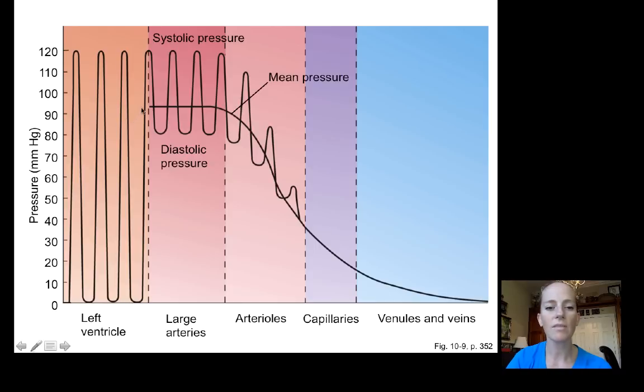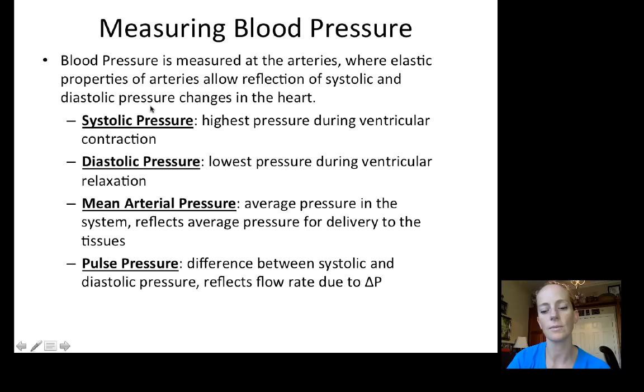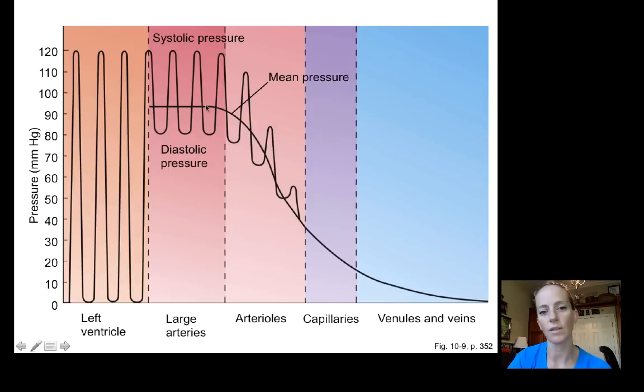We can measure the mean arterial pressure rather than the systolic and diastolic fluctuations by calculating how much blood pressure is through the system as a combination of systolic and diastolic, and that's our mean arterial pressure, which is this smooth line going through the system.